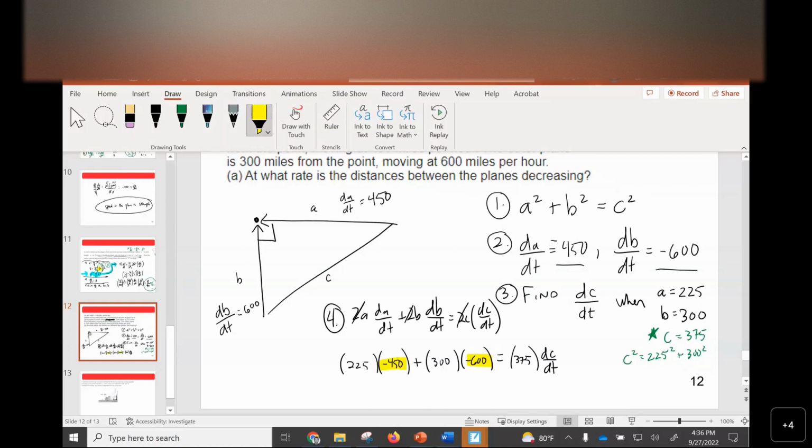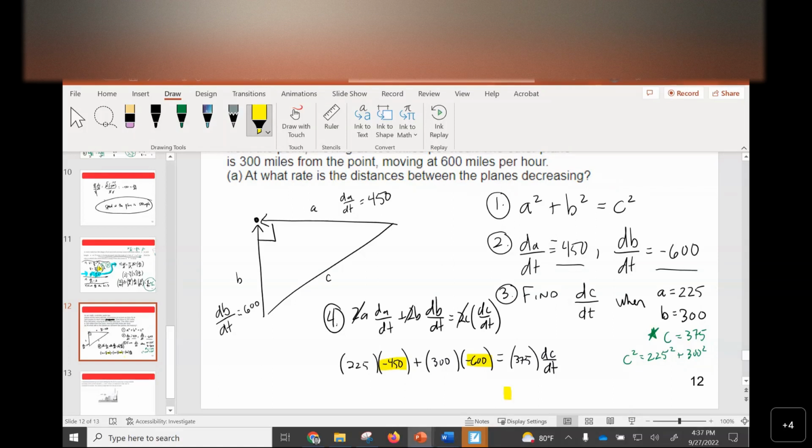Let's see what we get here. 225 times negative 450 minus 600 times 300, divided by 375. I'm getting negative 750.